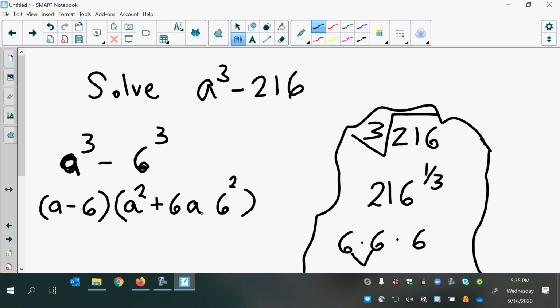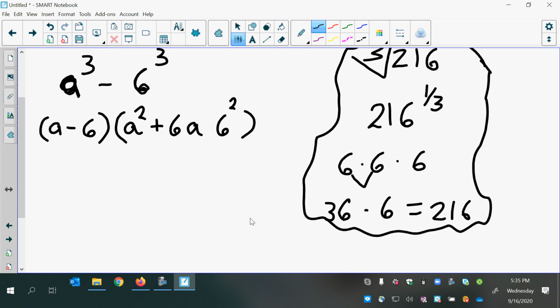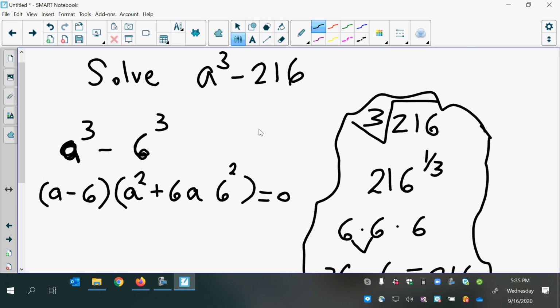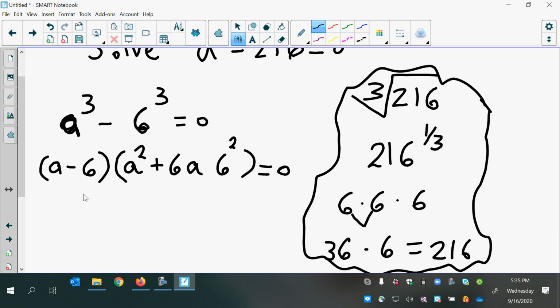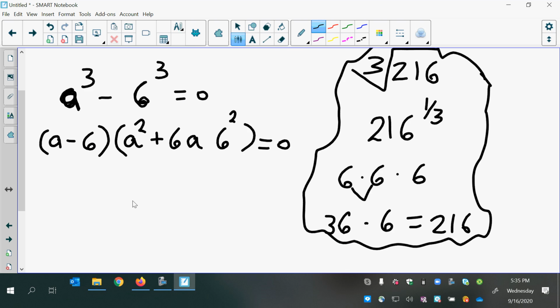Now, if we're solving this and it's set equal to 0, like it was originally, what we're looking for are all the possible values of a that could make this statement true.